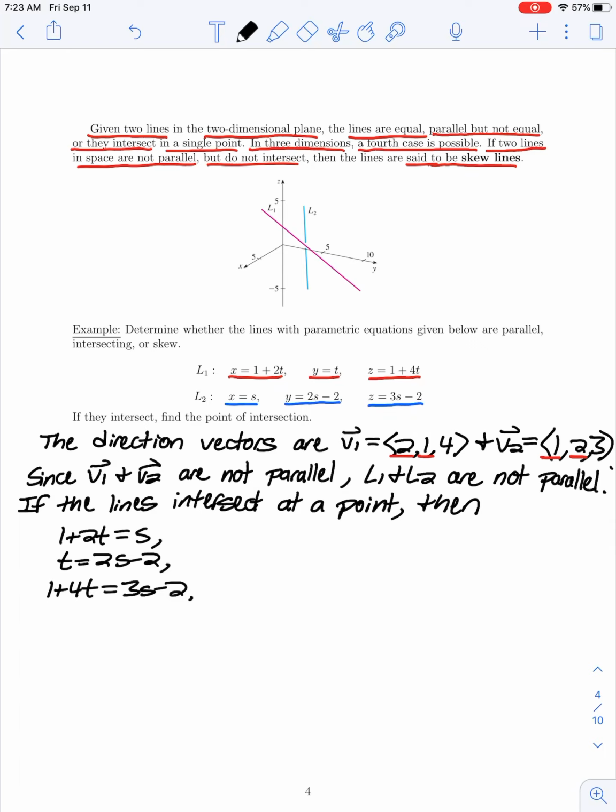So let's take a look at what we have here. Our first equation gives us s in terms of t. So in order to try to solve for t, let's take that expression for s and substitute into my later equations.